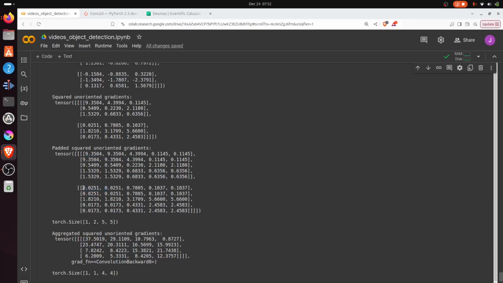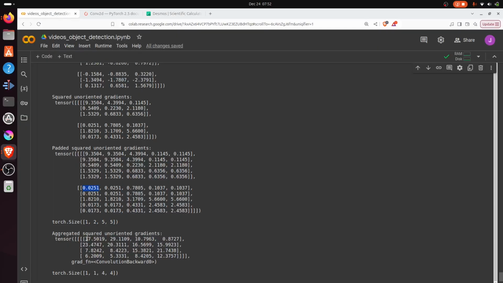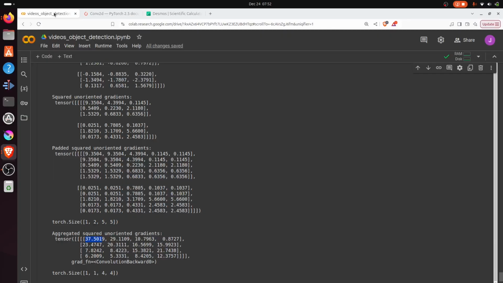Again we have the same number, so we take this one and multiply it by 4. So 4 times this, 37.50. And exactly, we got this number up to the 3rd decimal place. For whatever reason it's not giving us exactly the same number, but what matters is that we're getting essentially the same number.